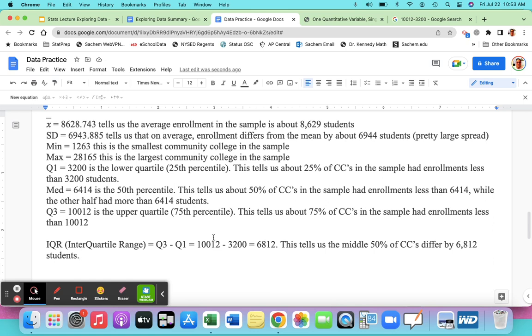That's the IQR. I can also tell the variance, which again, I explained before, is not very helpful to know on its own, but it's the standard deviation squared. But it's going to become more useful later. Okay, so the standard deviation was 6943 right here. I copy and paste this number, that's the standard deviation.